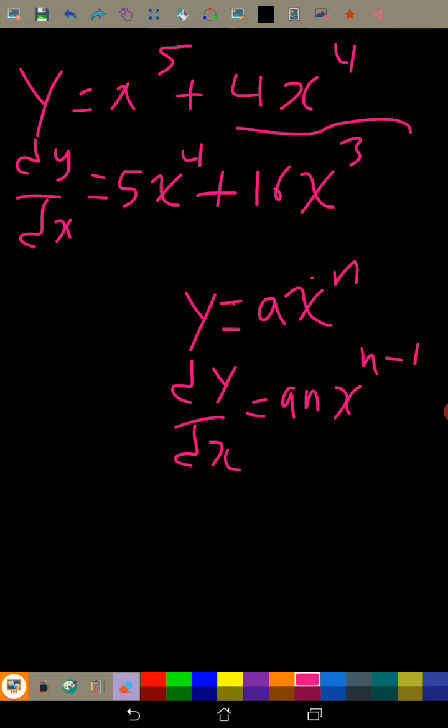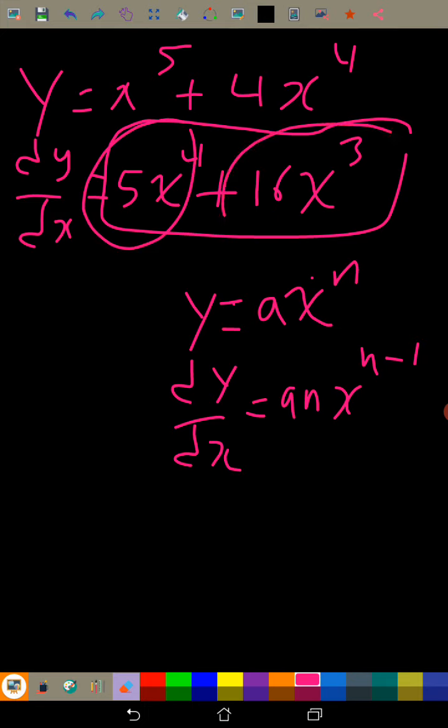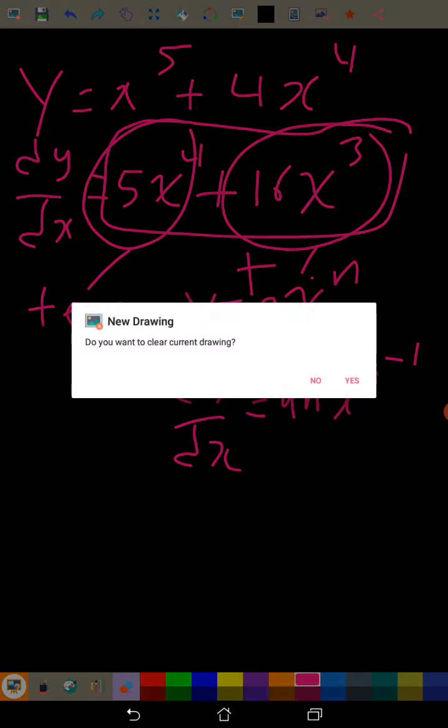That's exactly what we have done here. We're differentiating the first term and then the second term.